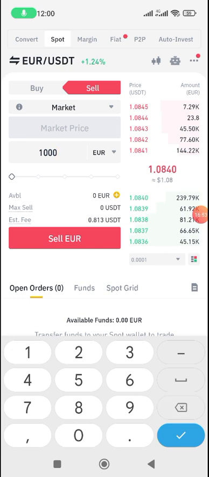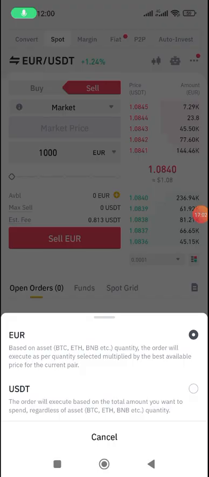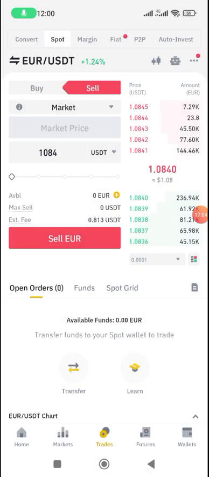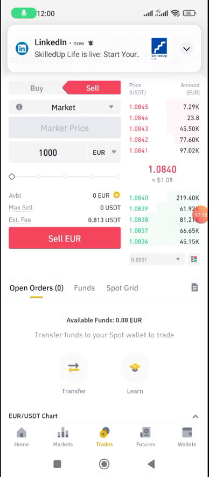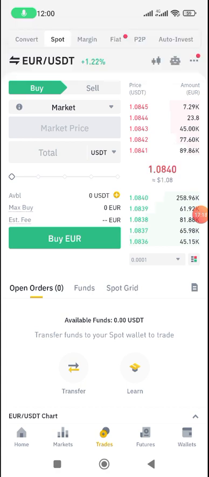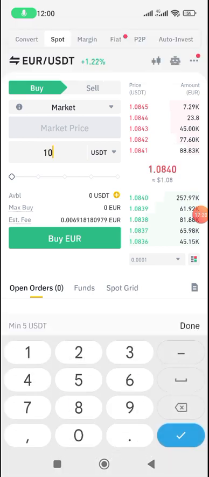Okay, these are the available market prices. So if you are trying to get this 1,000 euros, let me see. If you are trying to buy here, if you put 1,000 USDT, this is the rate, right?